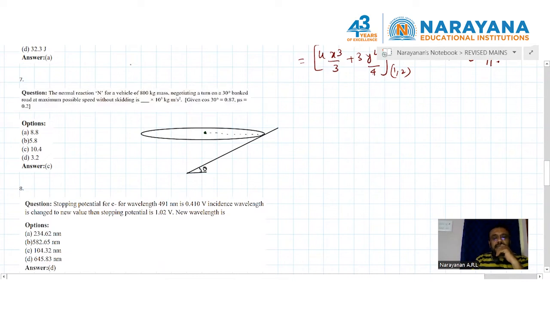There are two possibilities here, with mg and N acting.